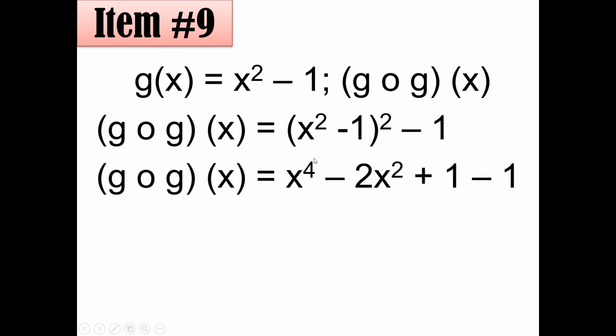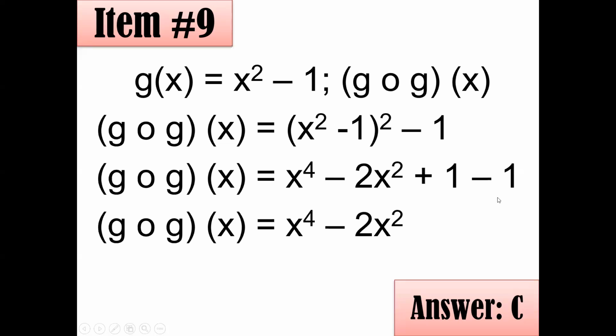Twice the product of the first and second: 2 times x squared times negative 1 is negative 2x squared, plus the square of the last term, so plus 1. You still have the minus 1 here, and 1 minus 1 becomes 0. So all you have left is x to the fourth minus 2x squared.